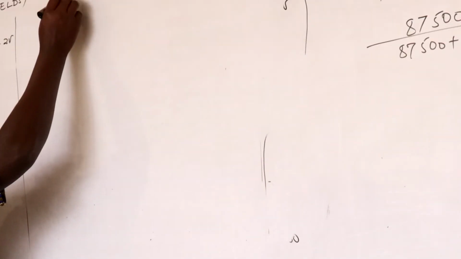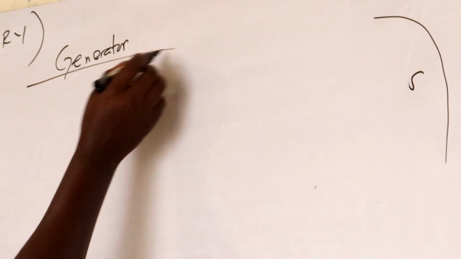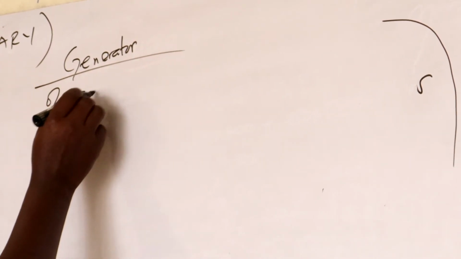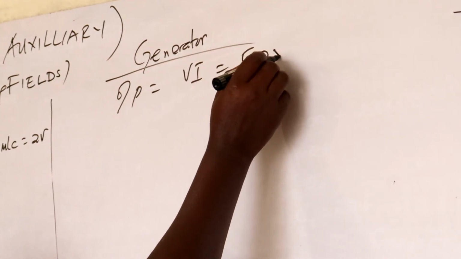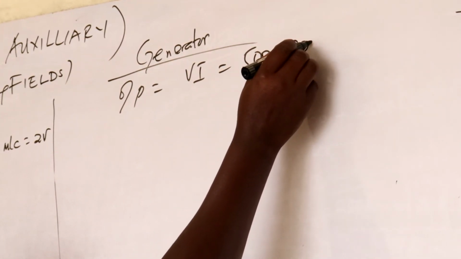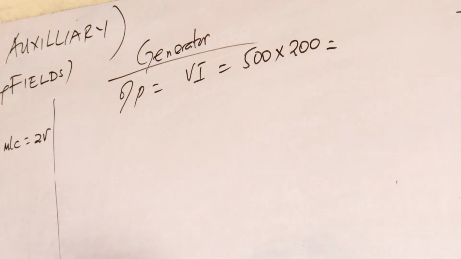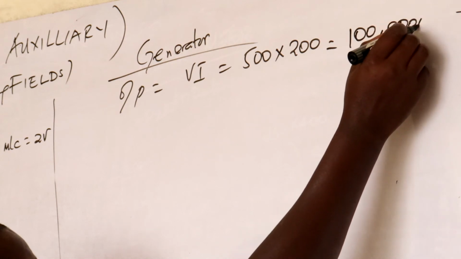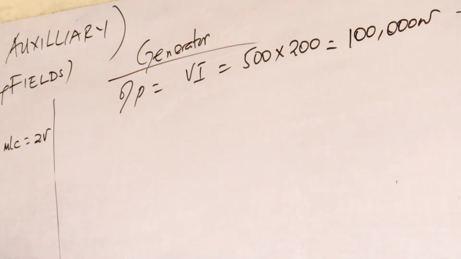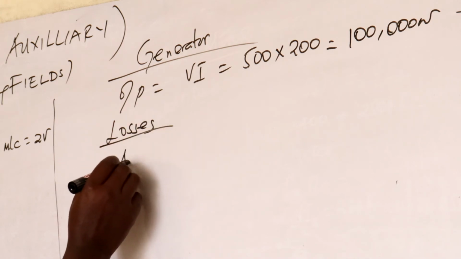So, the generator. We talk of the generator output, VI: 500 times 200, which is 100,000. Please confirm. Losses.